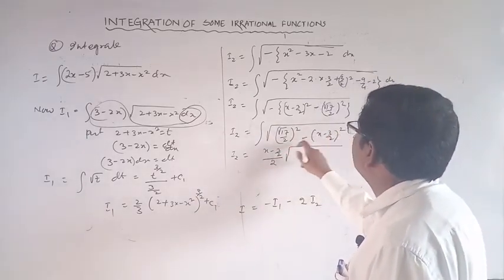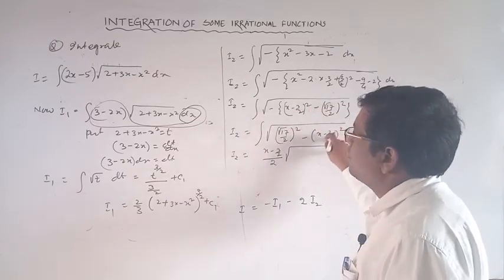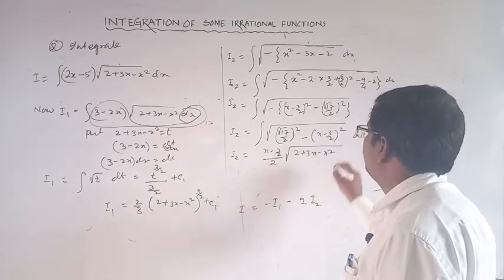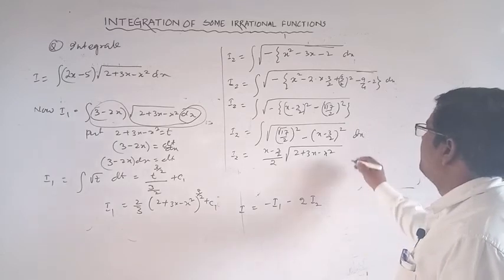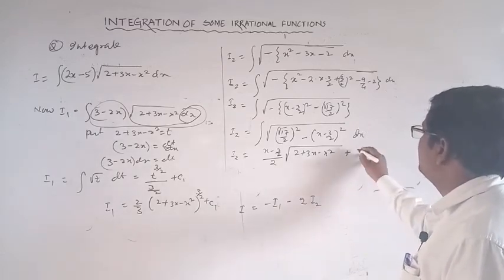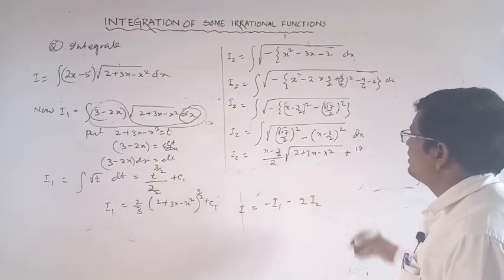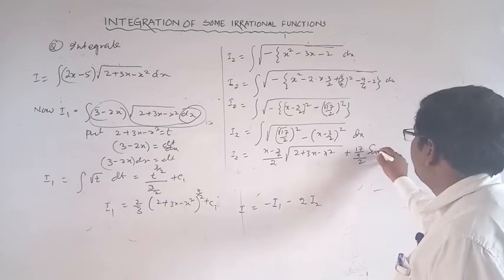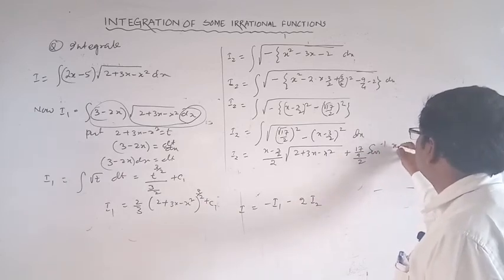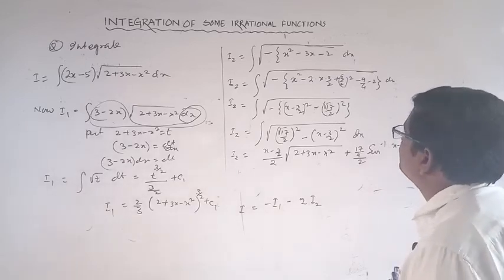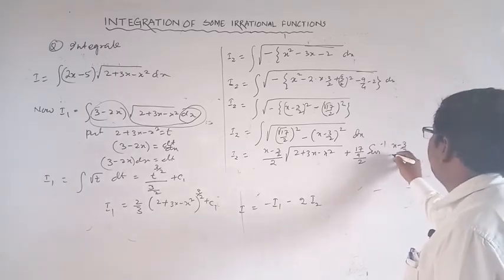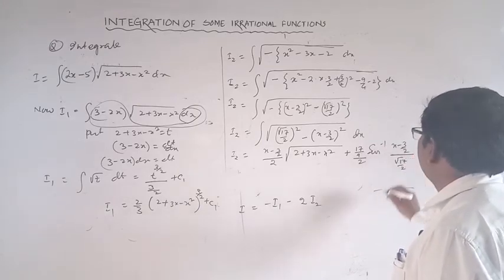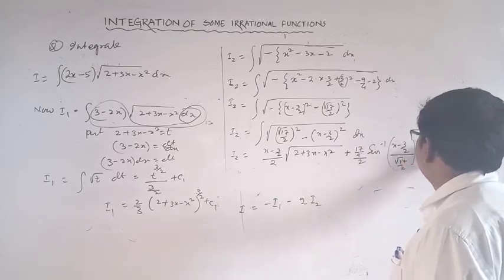Root over this means what? 2 plus 3x minus x square, plus a square by 2, that is 17 by 4 by 2, into sine inverse of (x minus 3 by 2) by root 17 by 2, plus c2.